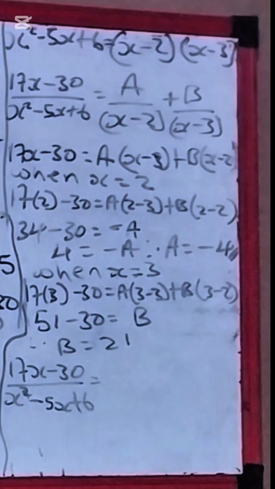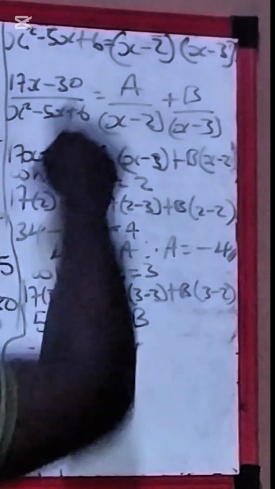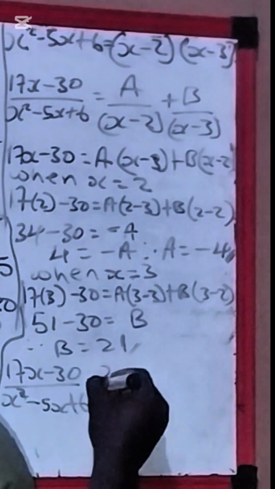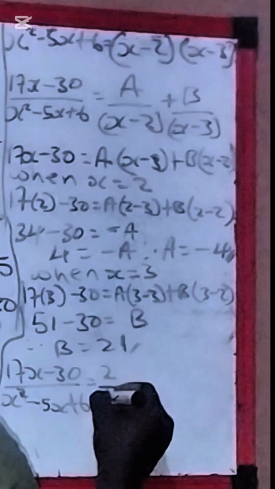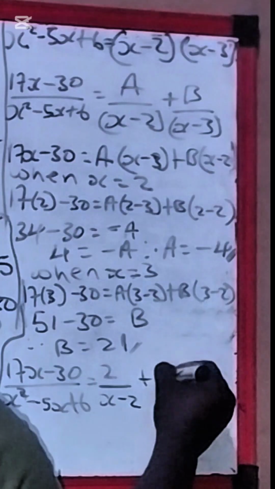What do we have as the value of a? We got a as 2 over x minus 2, plus b as 21.